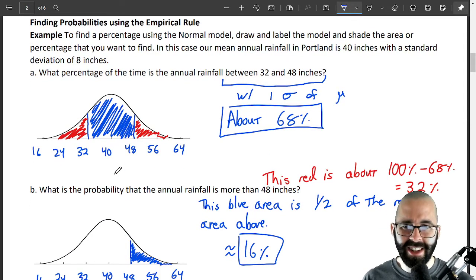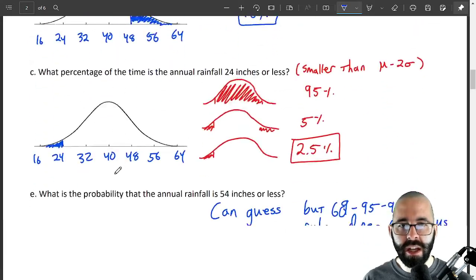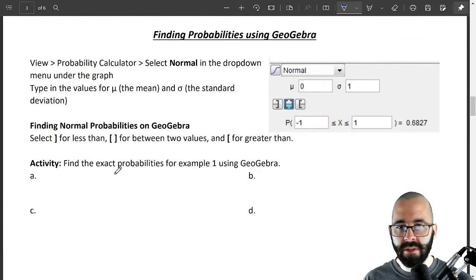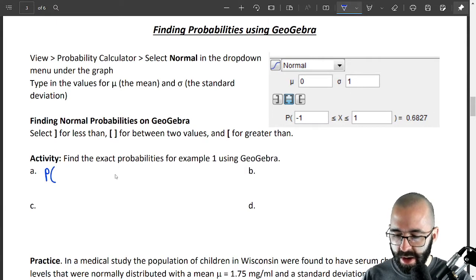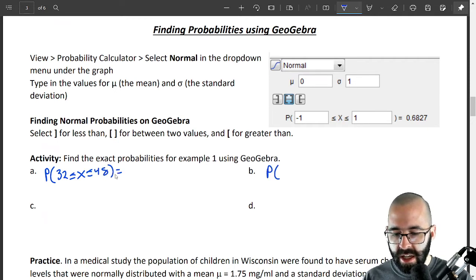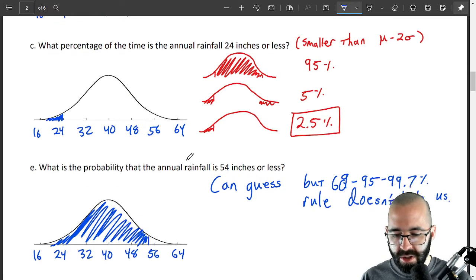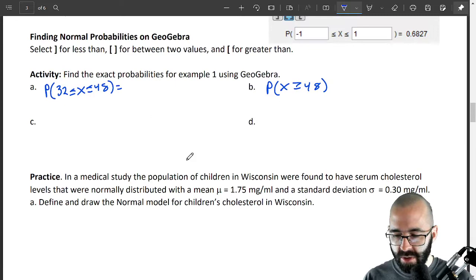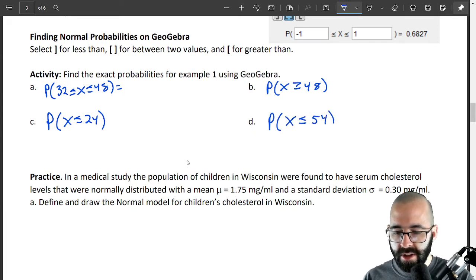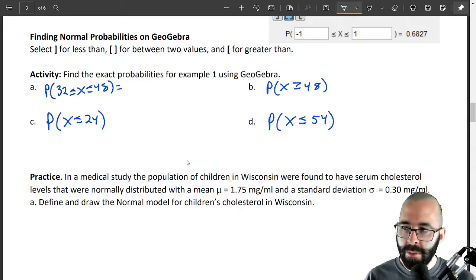We never labeled it, but the first was between 32 and 48, the second was bigger than 48, the third was less than or equal to 24, and then less than or equal to 54. So these were the things that we did in the previous example using the empirical rule.